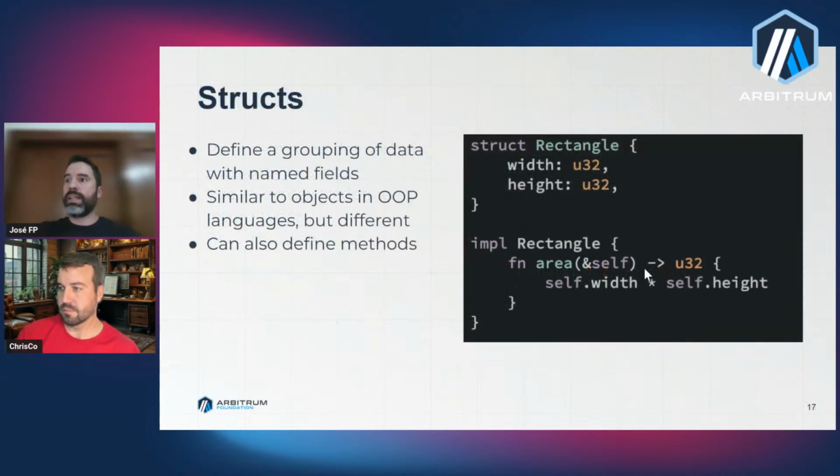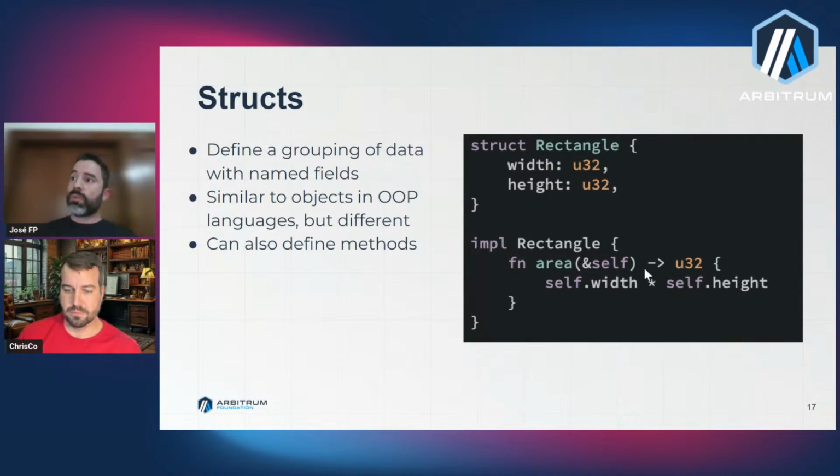Now, structs. For those who are familiar with object-oriented programming languages, structs are similar to objects, okay? They are not exactly the same, but they are similar. They define a group of data with named fields. In this example, we can see a struct called Rectangle, which has two fields, width and height.